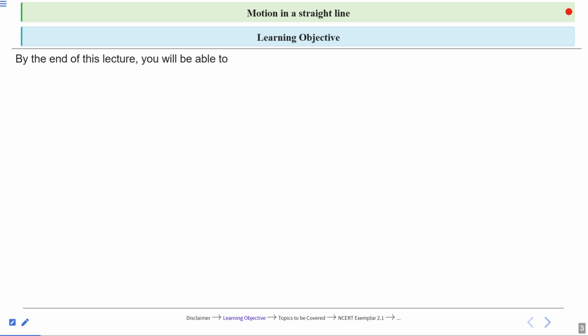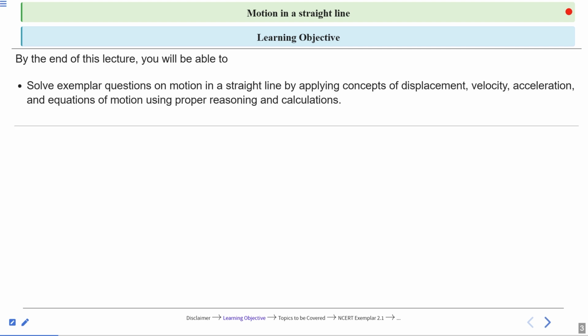Learning objective. By the end of this lecture, you will be able to solve exemplar questions on motion in a straight line by applying concepts of displacement, velocity, acceleration, and equations of motion using proper reasoning and calculations.